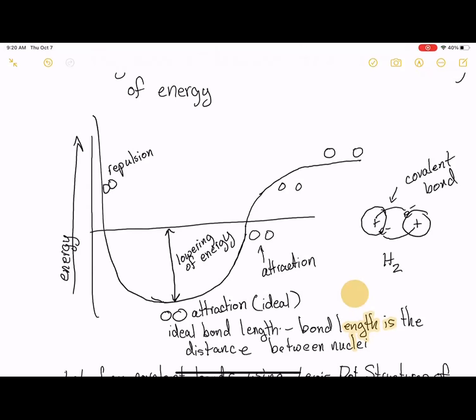Just for the record, the atoms don't sit at the bottom like I have it currently drawn. The atoms come together, they get closer, and then they go further apart. They're constantly vibrating along this bottom line, going in and out, in and out.